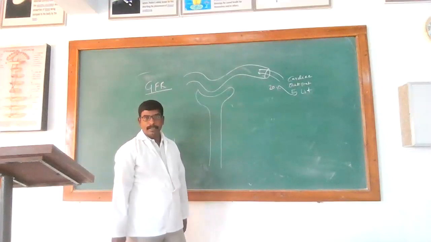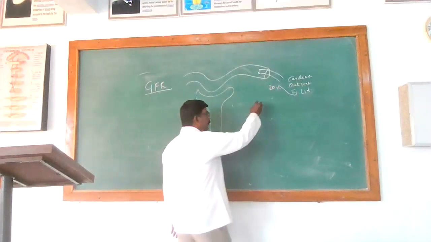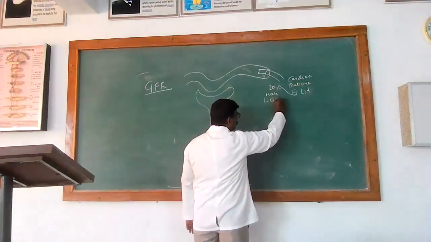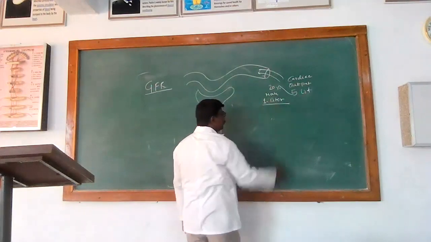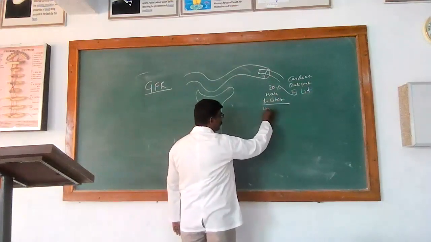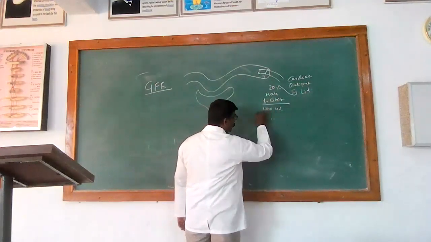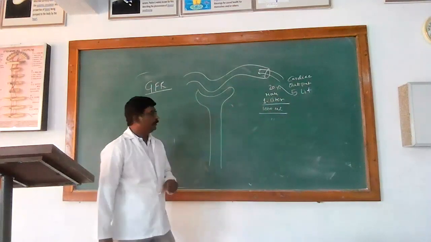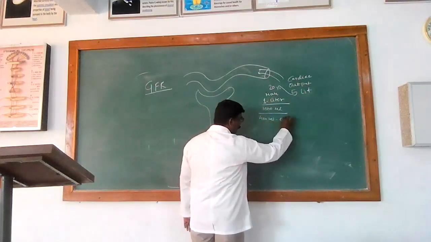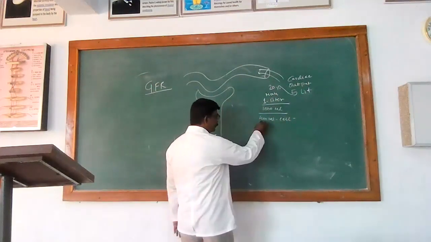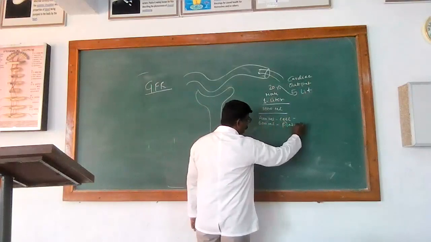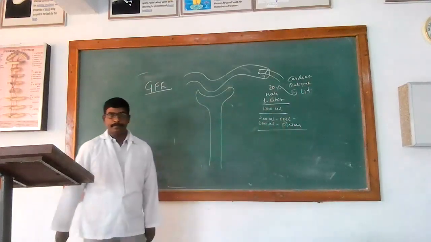So 20% is how many ml? It is 1 liter, which means 1000 ml. Of this 1000 ml, 400 ml is cells and 600 ml is plasma. Are you with me?